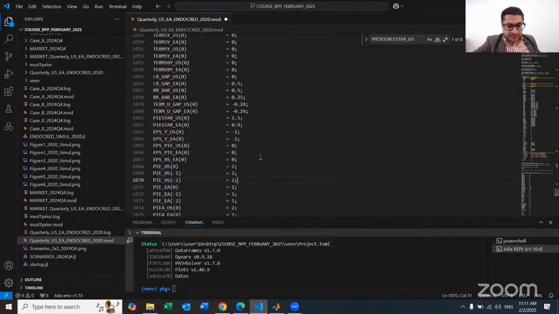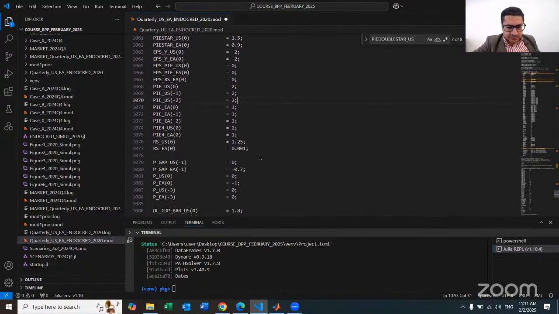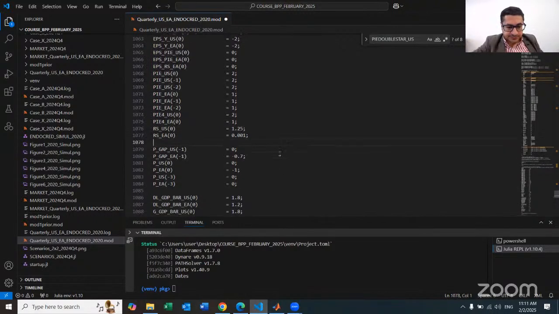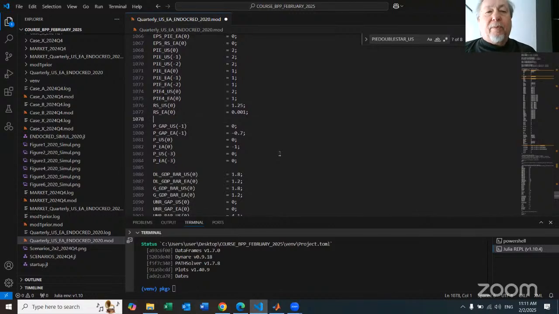Okay, and for some variables, let's say price level, we should also declare the -3. So it would be good if we went through an exercise, right? And said, okay, it's February 2nd today, it's a quarterly model, right?